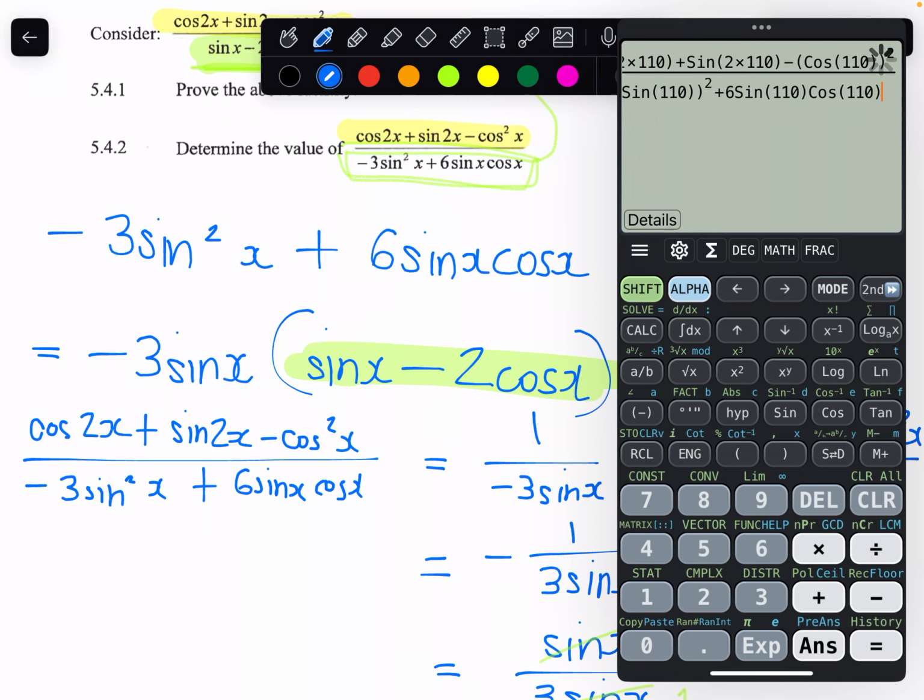And number crunching, number crunching. Don't let me down, calculator. You can do it. I believe in you.